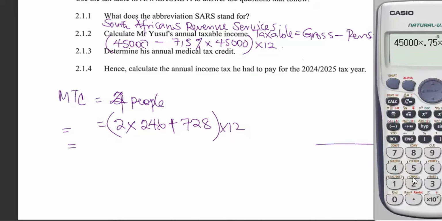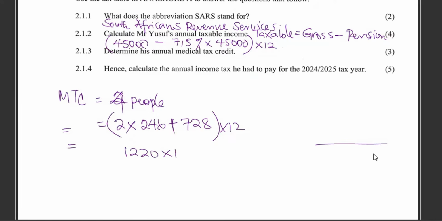Let's go to the calculator. We say 2 times 246 plus 728, you get 1,220.